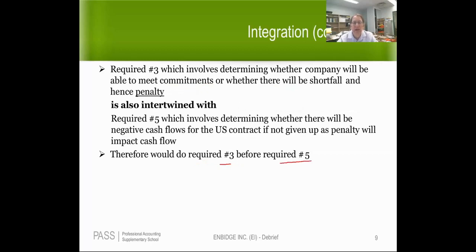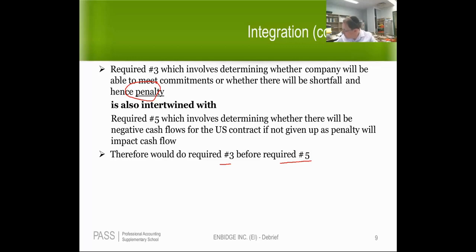What am I talking about? Well, if you have a shortfall, guess what happens? You get a penalty. But what did I say? I said exactly this point this morning. I didn't even think of this when I said it. You have a penalty. What do you put the penalty? What does that go into? Somebody tell me.